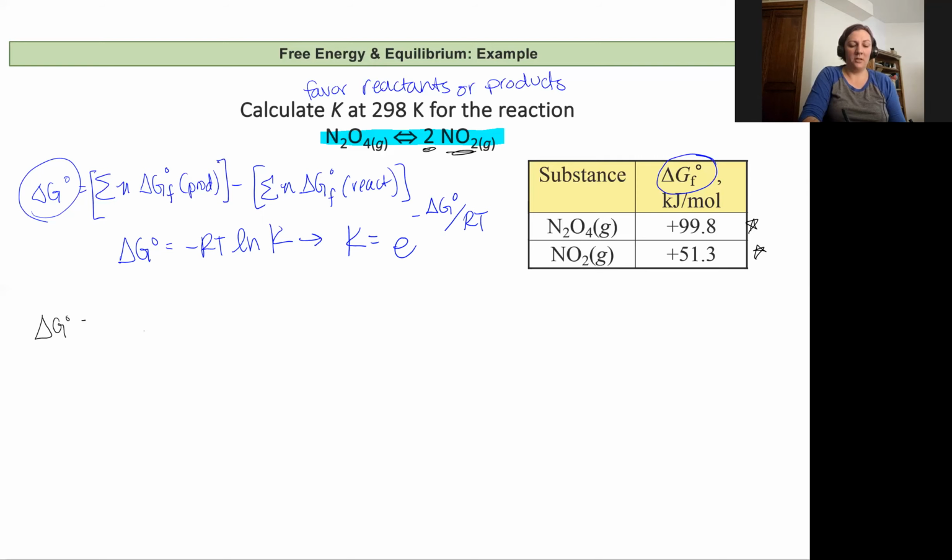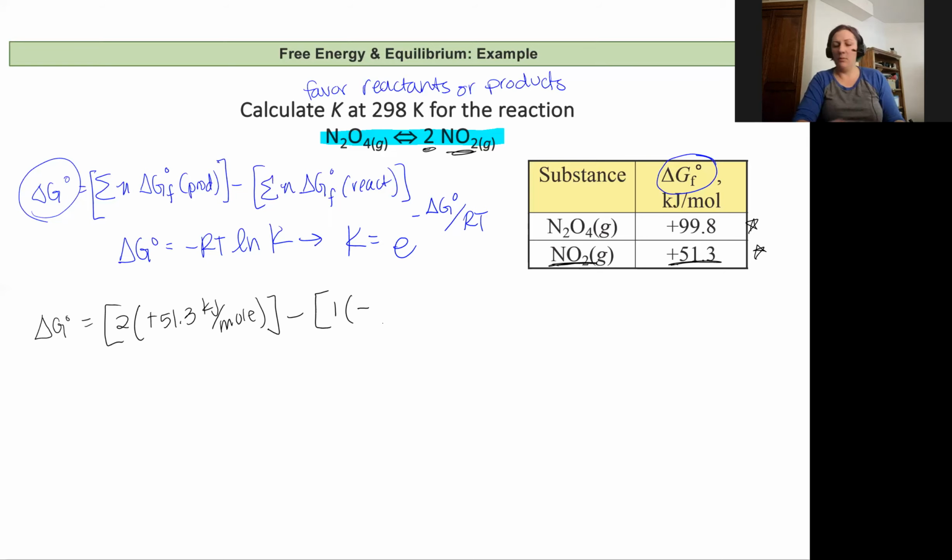So I'm going to have 2 times that NO2 value, which is plus 51.3 kilojoules per mole, and subtract from that the standard free energy of formation for my reactant, which is N2O4. It has a coefficient of 1 in front of it, so I don't need to multiply it by anything meaningful. And it's plus 99.8 kilojoules per mole.